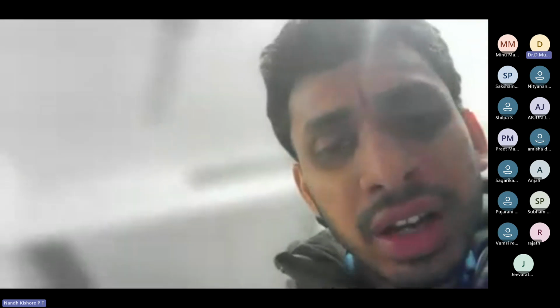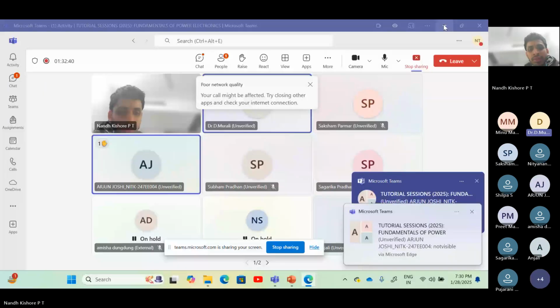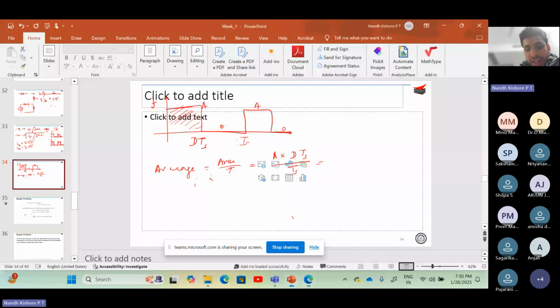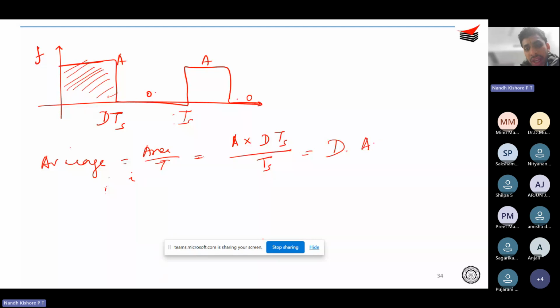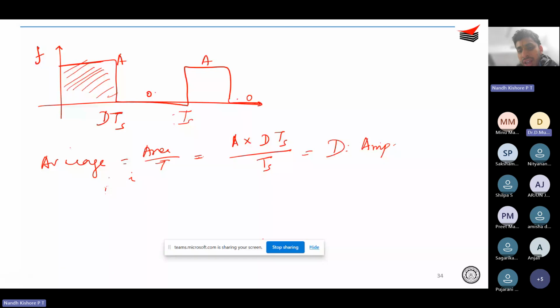Okay. So what is the area? Area is this square over here, right? That is A into D Ts divided by total Ts, right? So basically the average is going to be the duty into A, right? A is the amplitude and D is the duty.